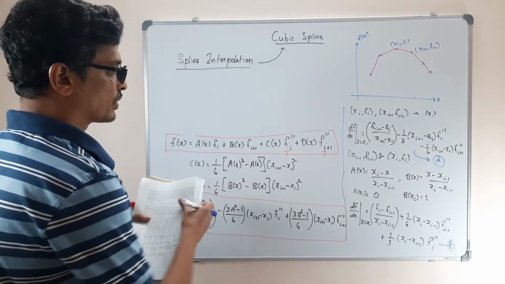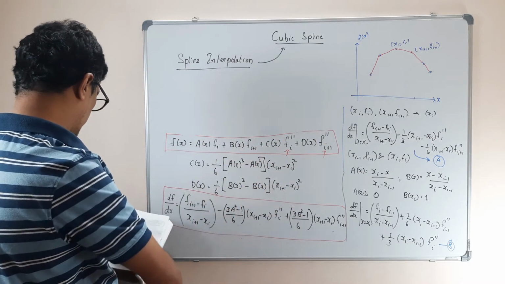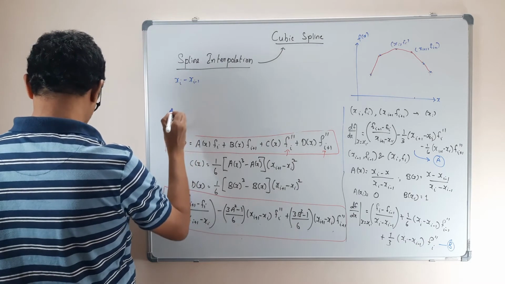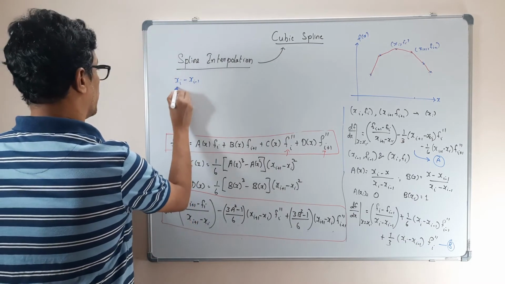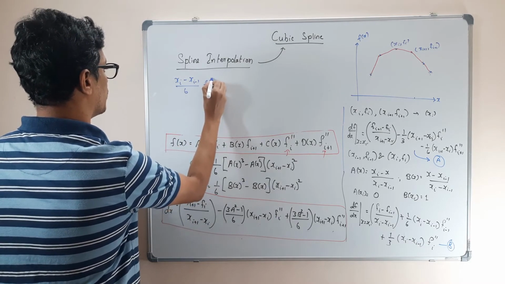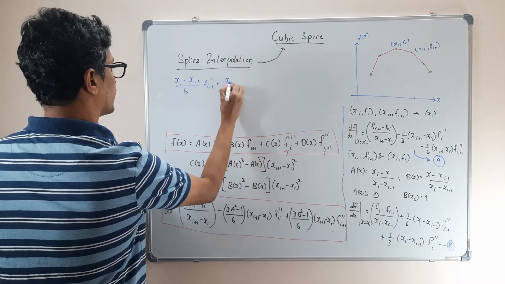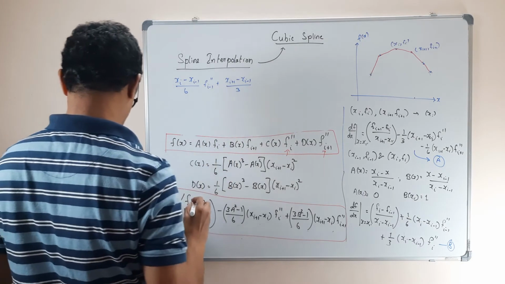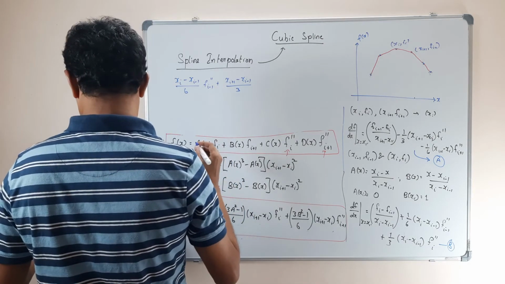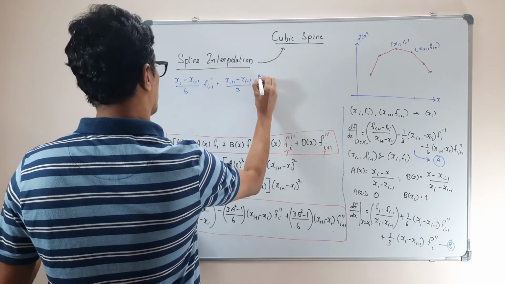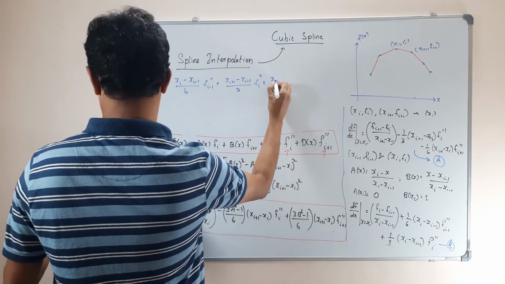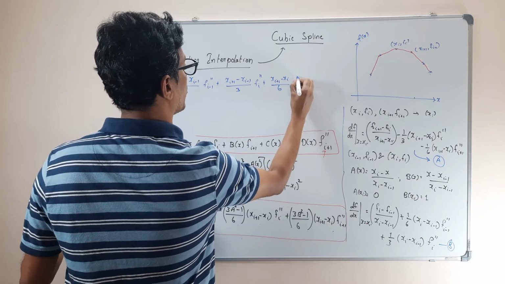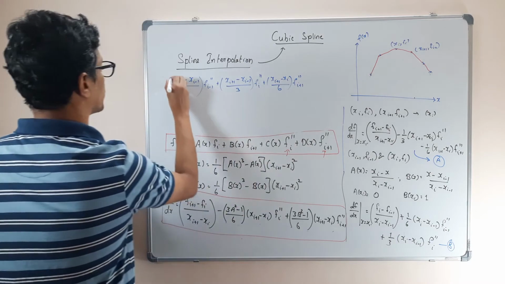It is trivial just to equate them both, and what you will get, you can check this one, is (xi minus xi minus 1) divided by 6 times f of i minus 1 double prime, plus (xi plus 1 minus xi minus 1) divided by 3 into fi double prime, plus (xi plus 1 minus xi) divided by 6 times fi plus 1 double prime. Let me put all this in brackets, that makes it more decent.